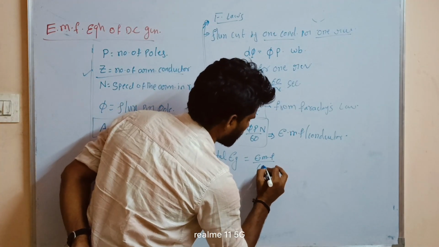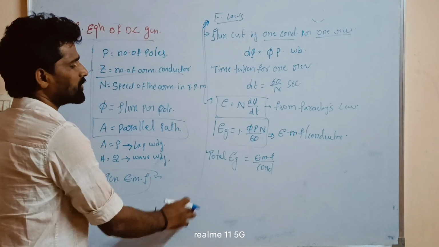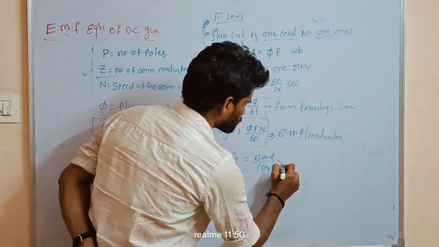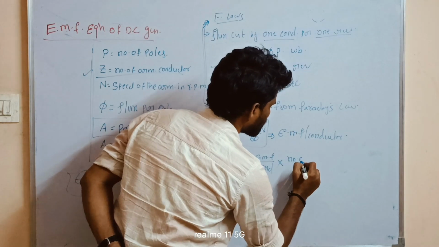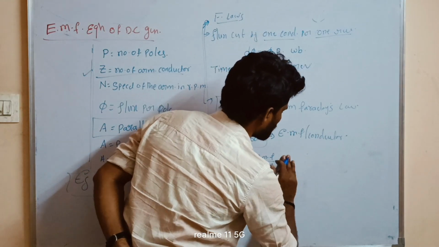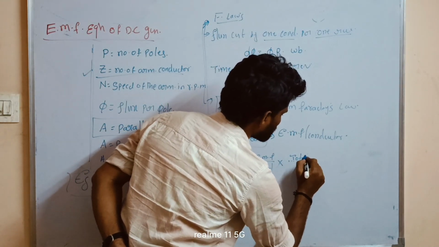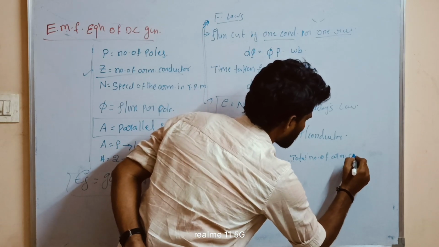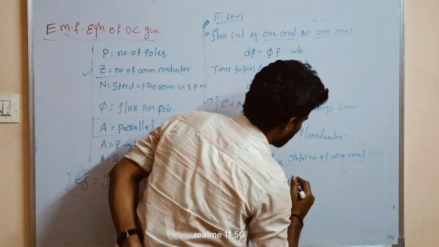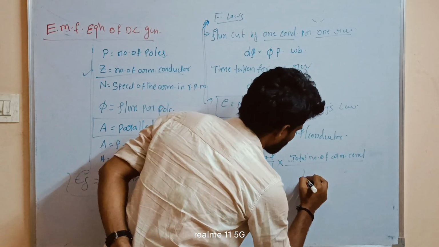Total EMF is equal to EMF per conductor into the total number of armature conductors by parallel paths.